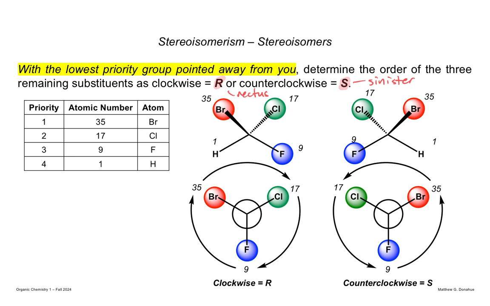So again, you're assigning priority. 4 is the lowest priority based on atomic number, and then the table is just for you to fill in to get the sequence correct.